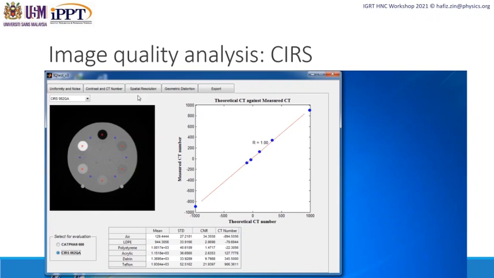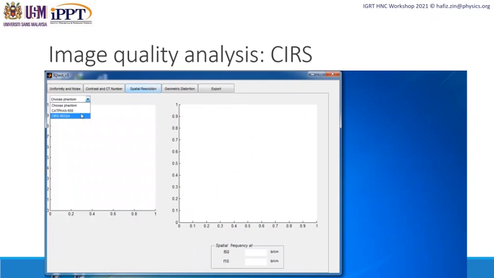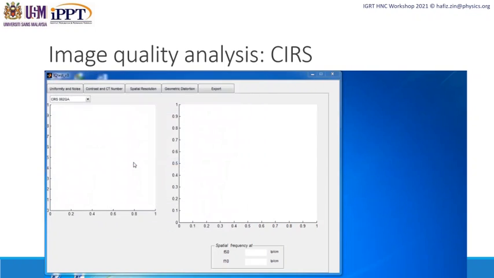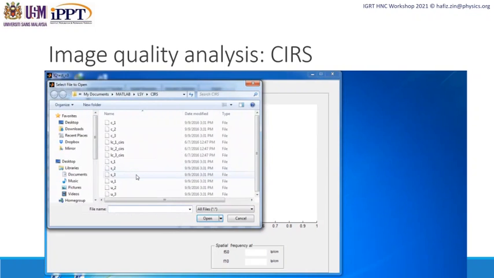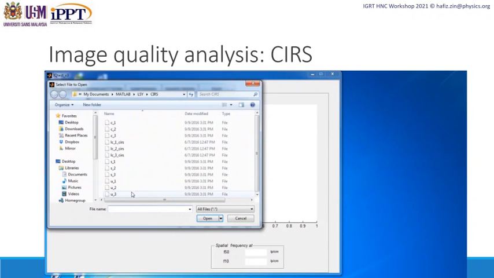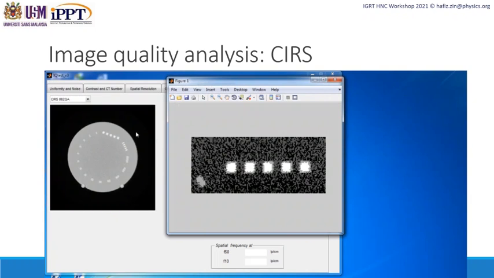And the next one is the spatial resolution analysis. Again, we select the corresponding slices that contain the spatial resolution test pattern. Okay, so this is the image of the spatial resolution test pattern that we got from the Cone City imaging system.